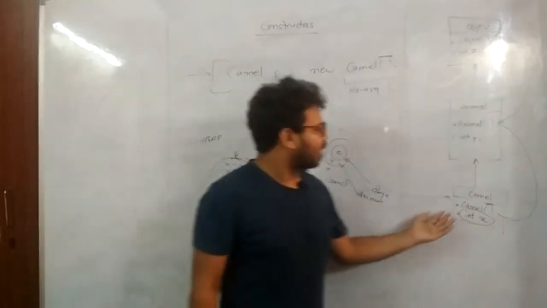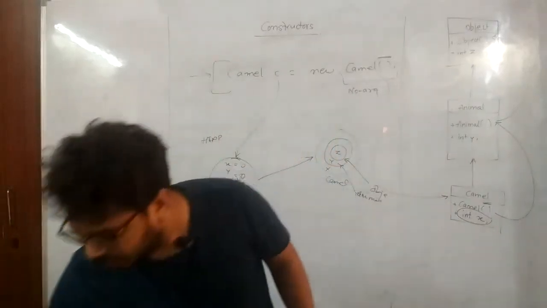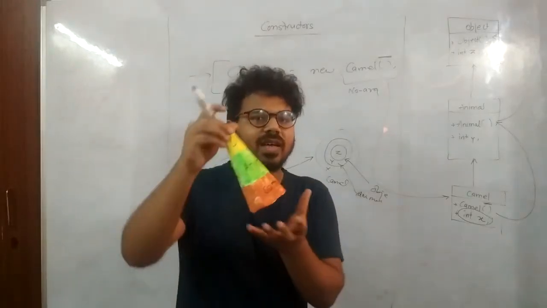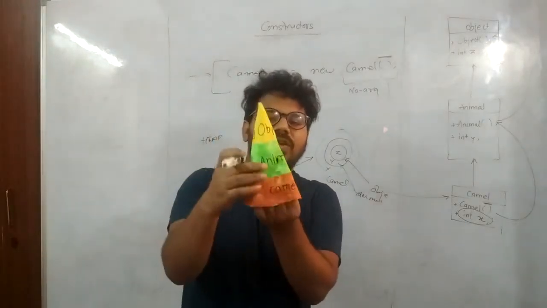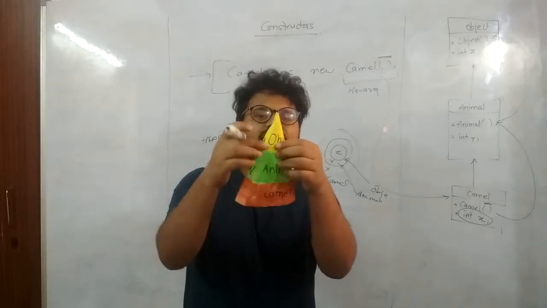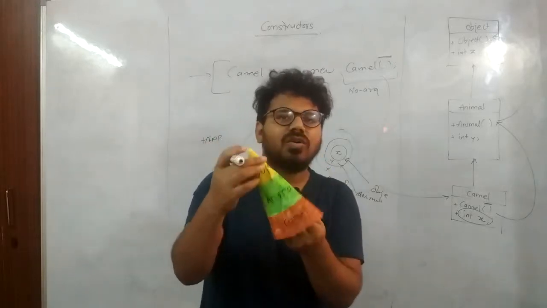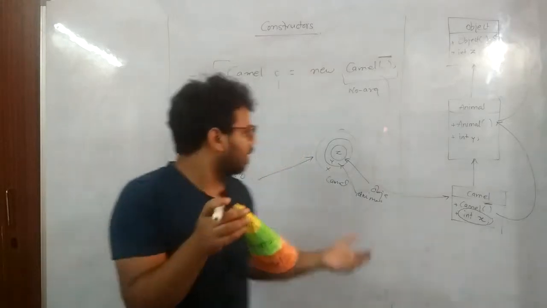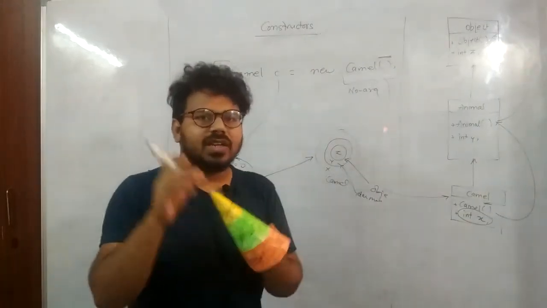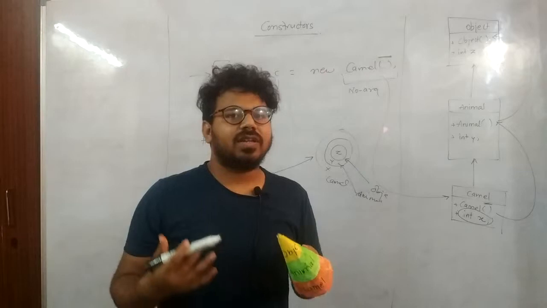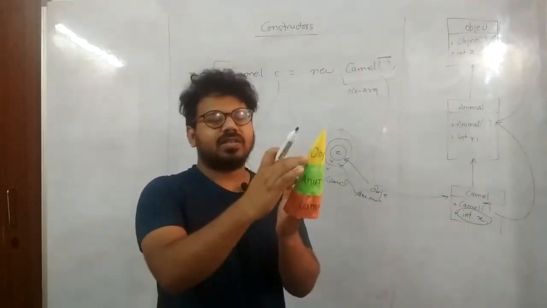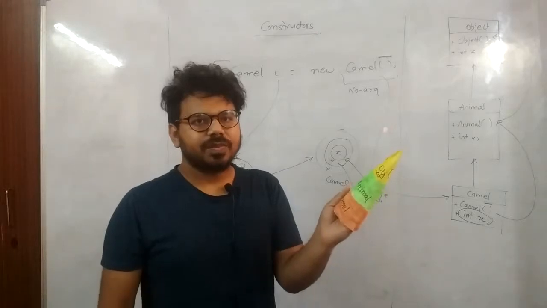But remember, before creating the camel portion, we have to first complete the animal portion and then the object portion. So how will these portions of this particular object be created? They will be created by calling the super class constructor.